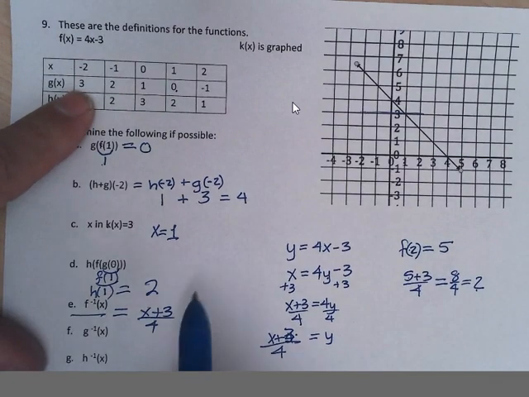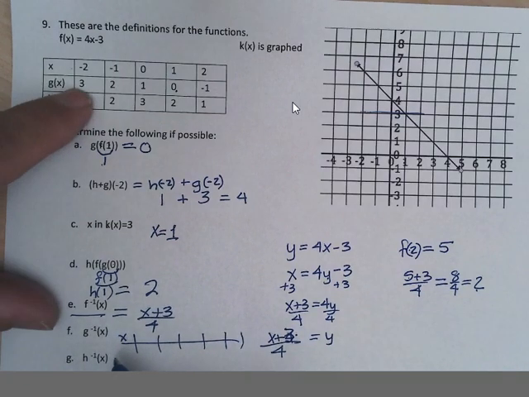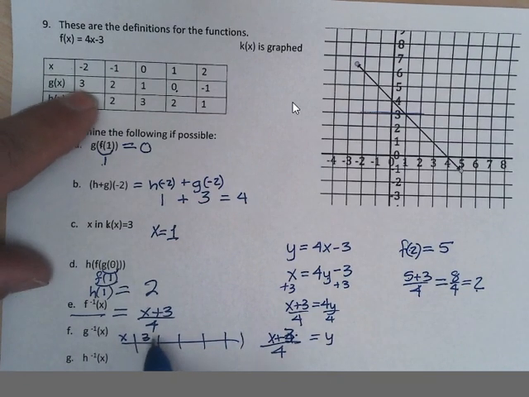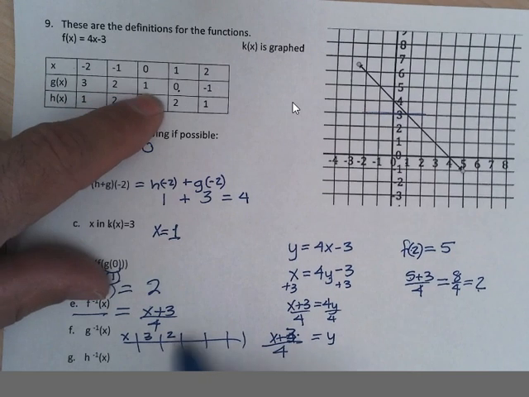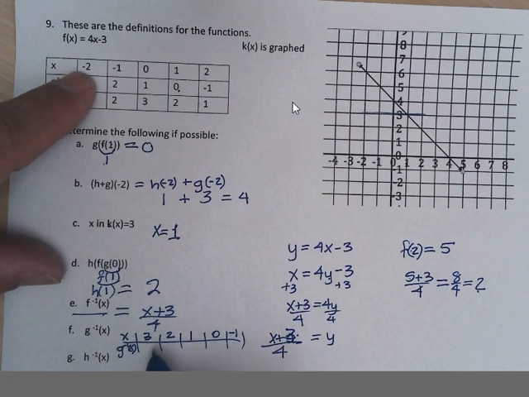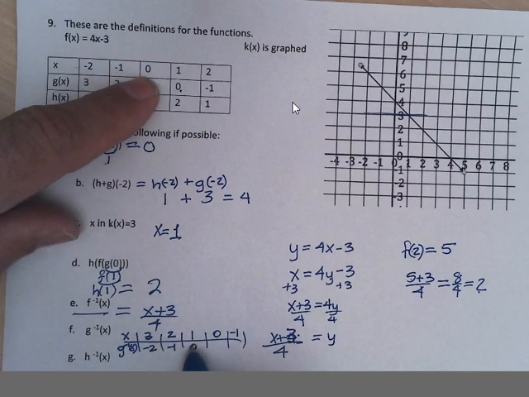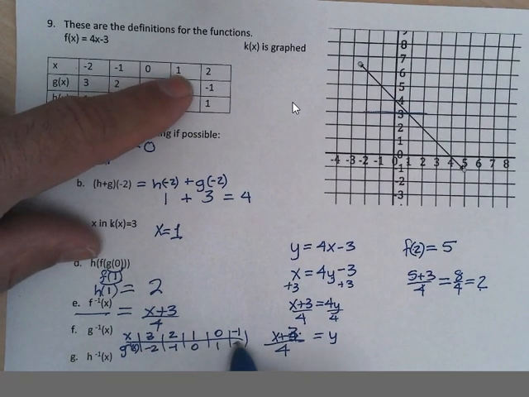Since g is just listed, the inverse is the table backwards. So the x's become what the g's were, 3, 2, 1, 0, minus 1, and the g inverse of x goes back to the x's, which were minus 2, minus 1, 0, 1, and 2.